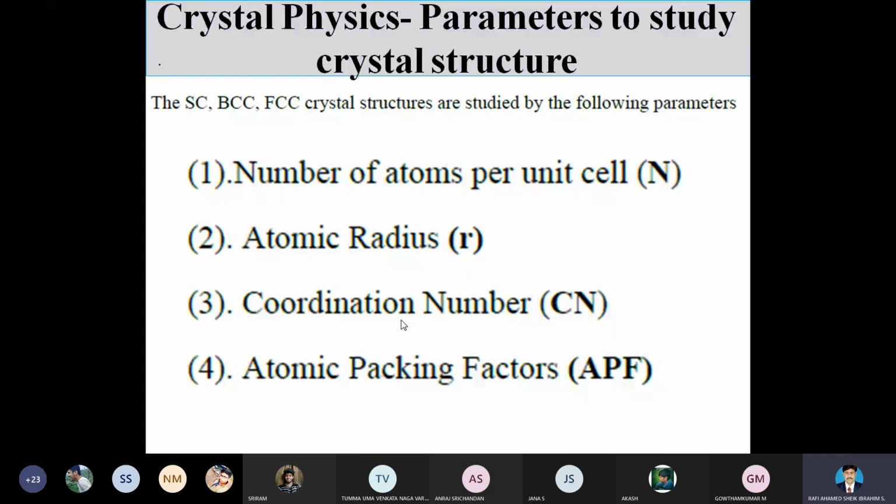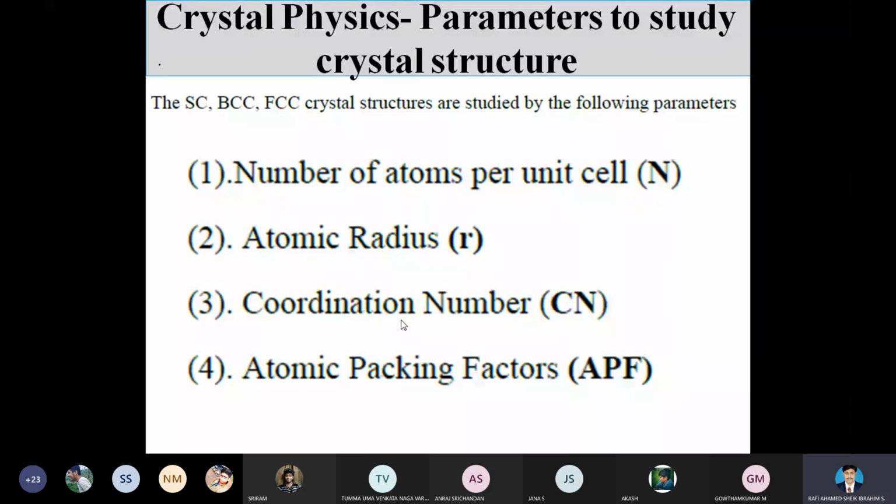If you know these four important parameters, then this question will be the easiest one for you all. If you know how to solve this simple cubic structure, then from that simple cubic structure, you can go for a BCC. And similarly, you can evaluate the FCC crystal structure. So to evaluate the crystal structure, these four parameters are very, very important.